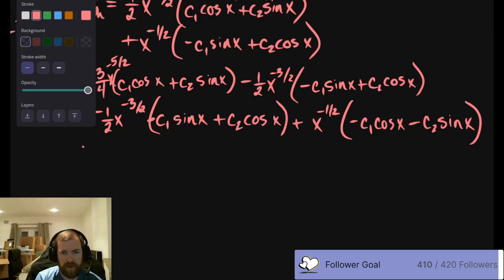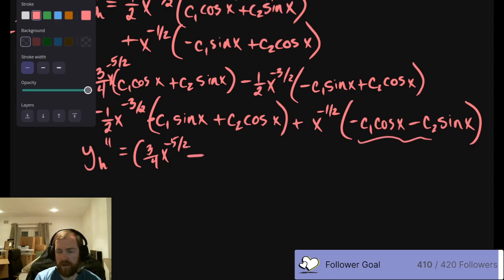Okay, so y homogeneous double prime is equal to 3/4 x to the negative 5/2 minus, what we can do is take the negative out of here, move that out front, so x to the negative 1/2, all that stuff times c1 cosine x plus c2 sin x.